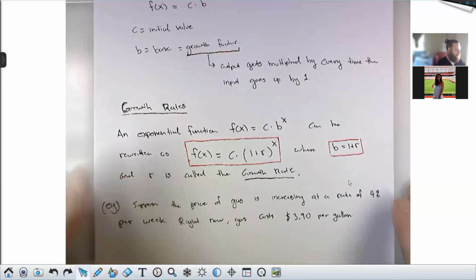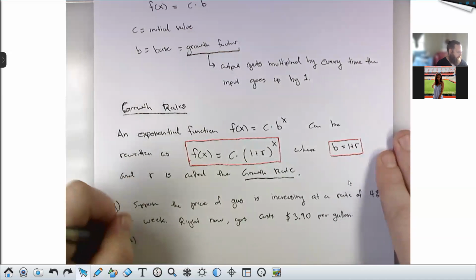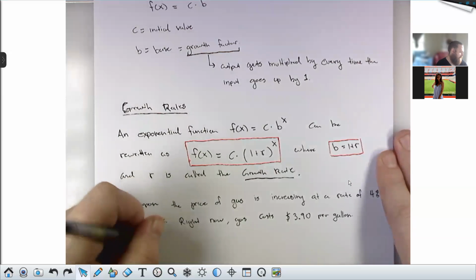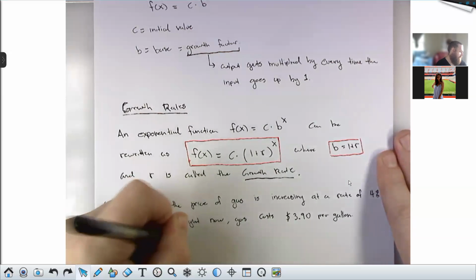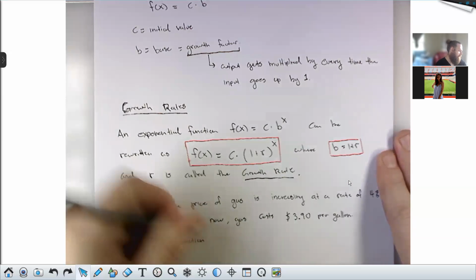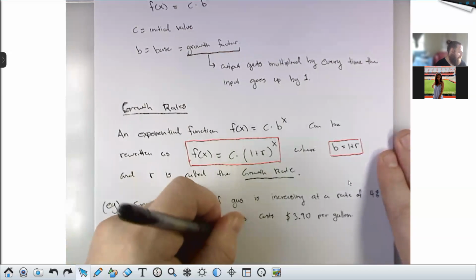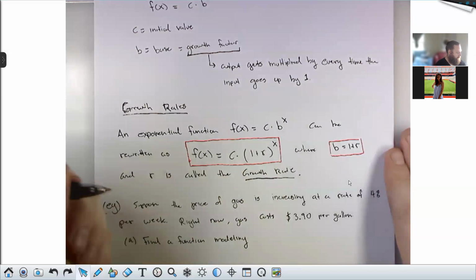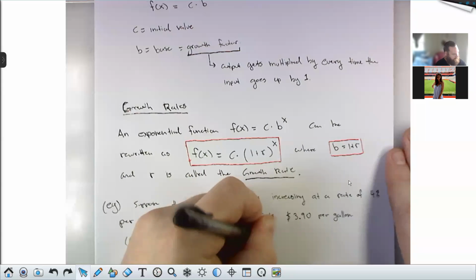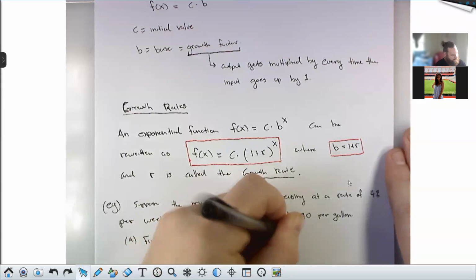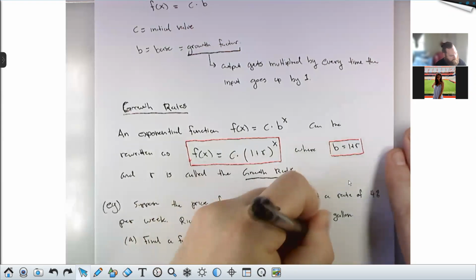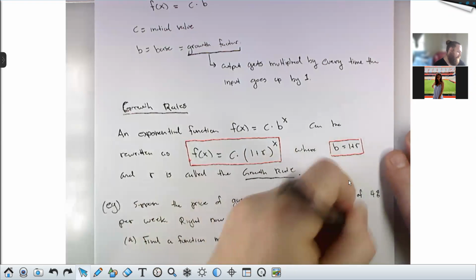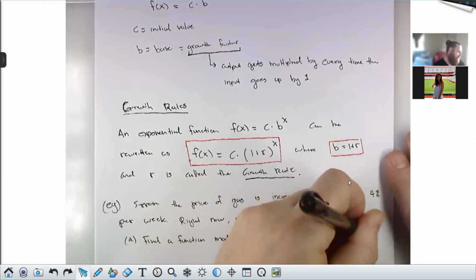I'd like to do two things. Find a function modeling the price of gas x weeks later.